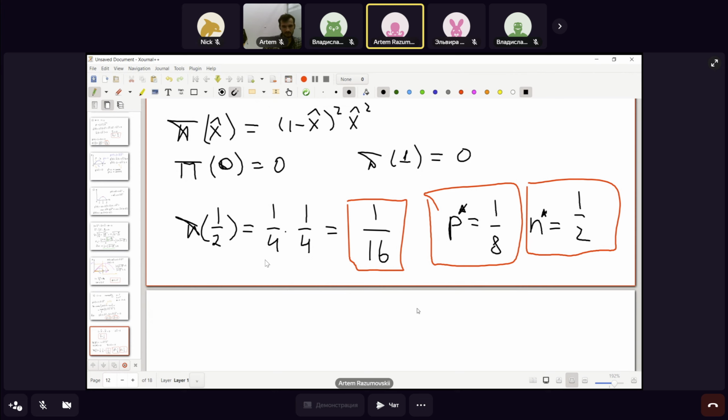You should be careful with this: we maximize it with respect to x, not with respect to p. We have the equation which connects them, and then we can do this. But we're supposed to be very accurate with different solutions, because the price which maximizes our profit is unique.